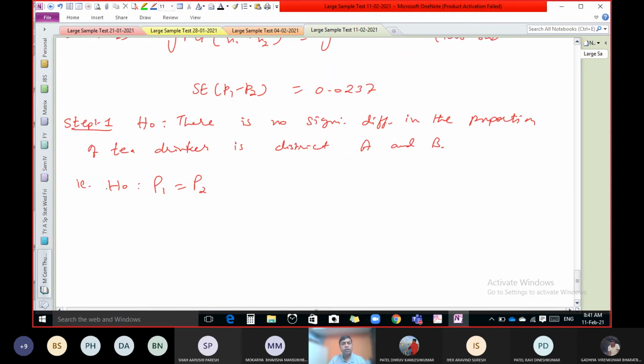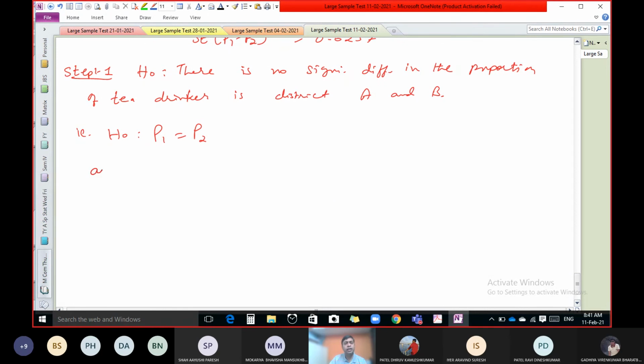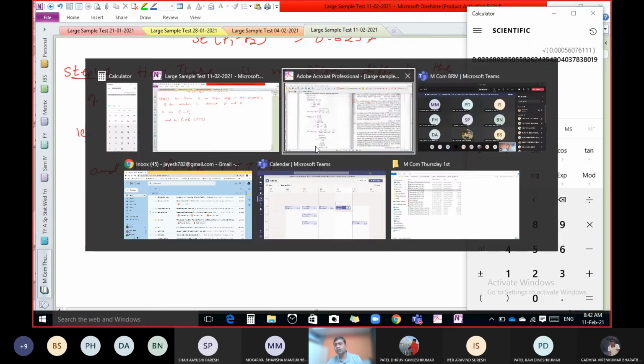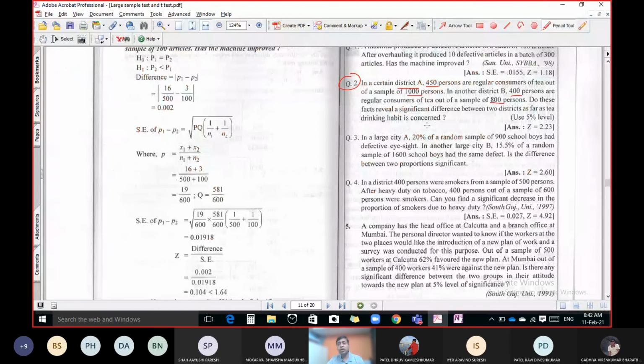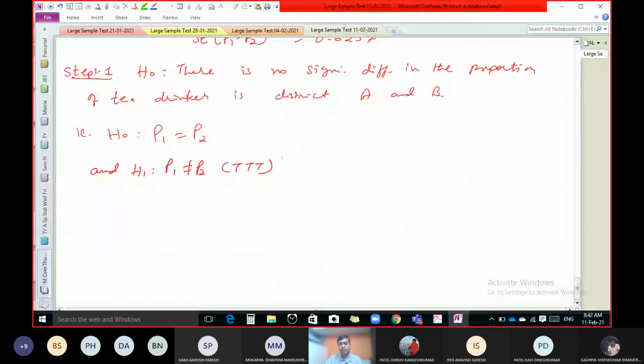And in the question nothing is mentioned like greater than, more than, less than, so obviously it is not equal to. The reason is that it is not given in the question like majority of the men in this city, or percentage of smokers in city A is more than B or less than B. If it is given like that, then we write a one tail test, otherwise a two tail test.